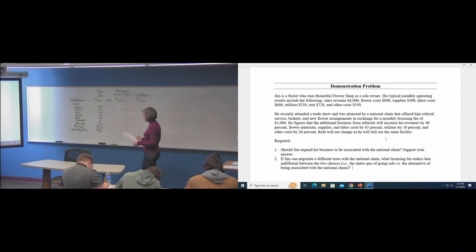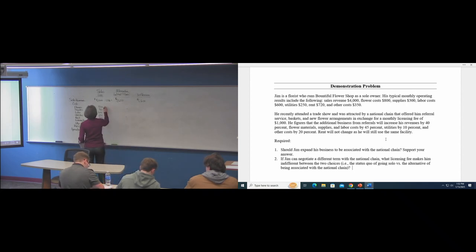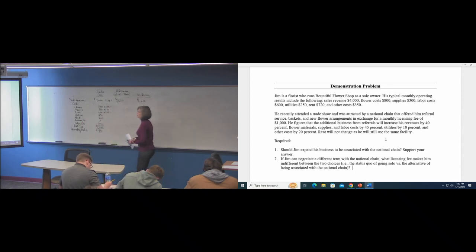And then it says that flour, supplies, and labor all increase by what? 5%. I like to do my math right there so you can see where the numbers are coming from, right? So flour is now going to be 1,160, right? 435 for supplies.